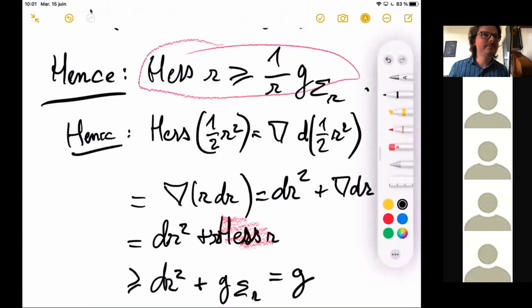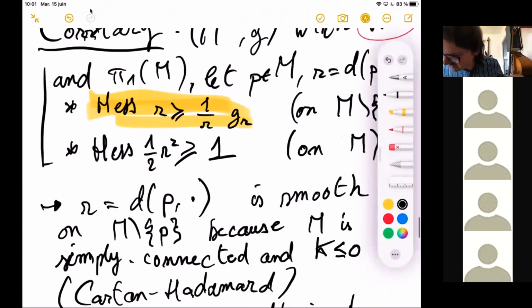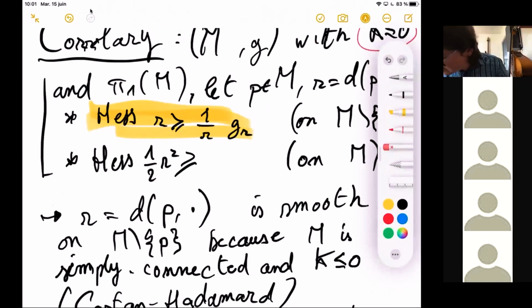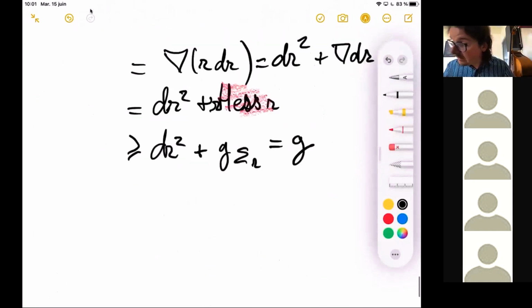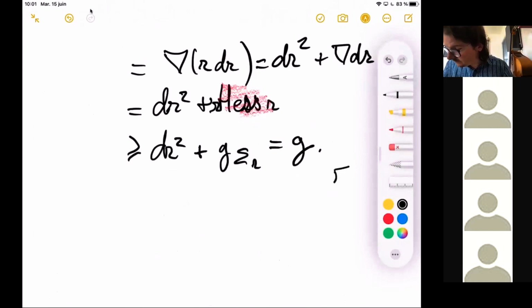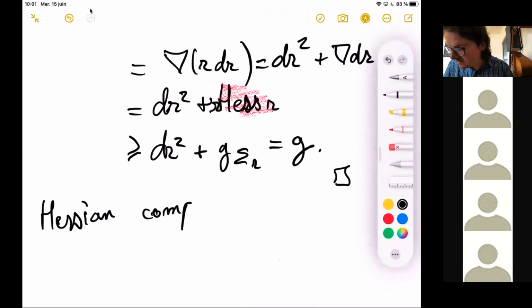Okay. So this gives us the fact that the Hessian, I was a bit sloppy here. This is a comparison between quadratic forms, so I guess I should have written it like that. Okay. So this is called the Hessian comparison theorem.